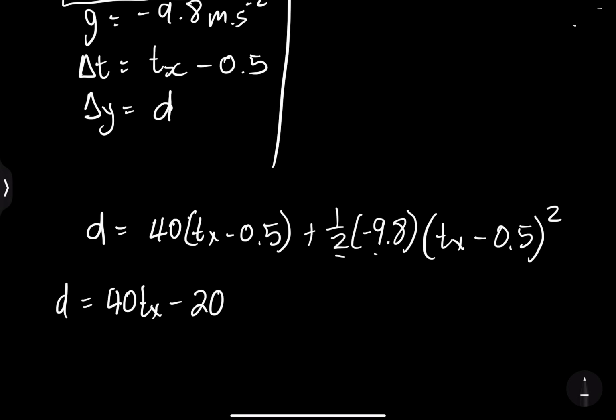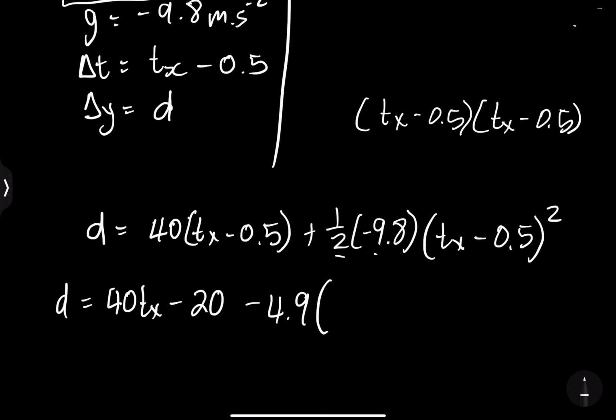And half times minus 9.8 is minus 4.9, times (tx minus 0.5) times (tx minus 0.5).